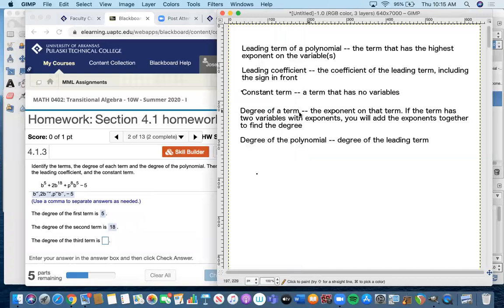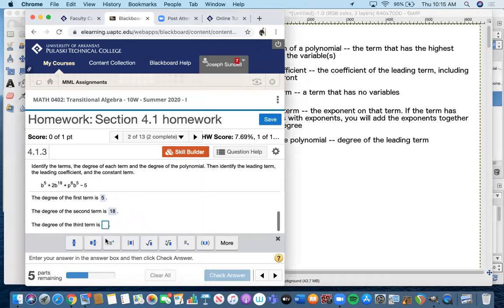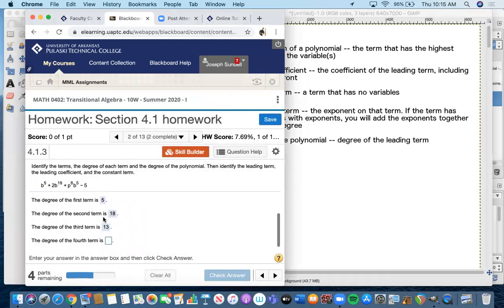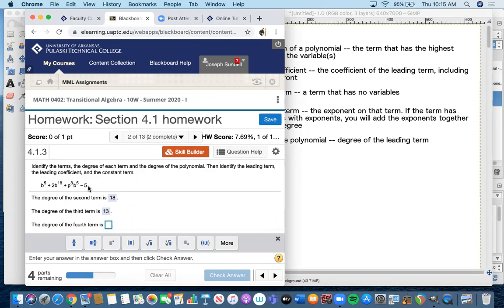If the term has two variables with exponents, you need to add the exponents together to find the degree. So p to the eighth, b to the fifth, I need to add 8 and 5 together. The degree of that term is 13. And then the fourth term is the constant term, -5. A constant term is always degree 0.